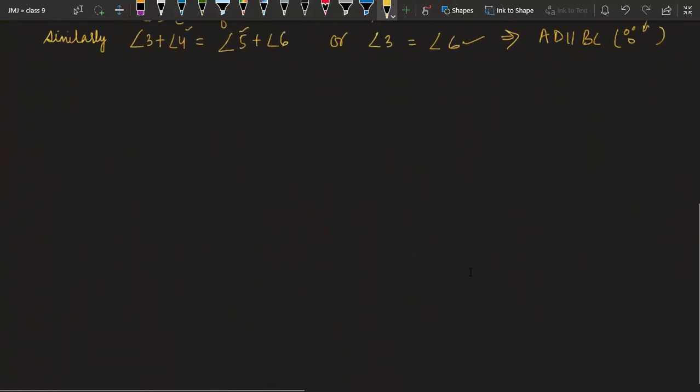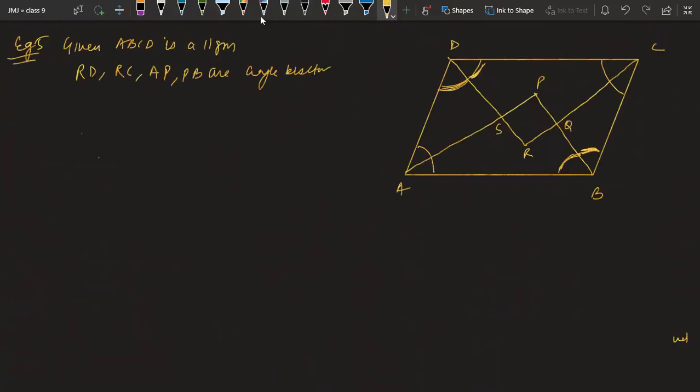Now next example. Now let's see example number 5. The example is saying show that the bisectors of angles of a parallelogram form a rectangle.